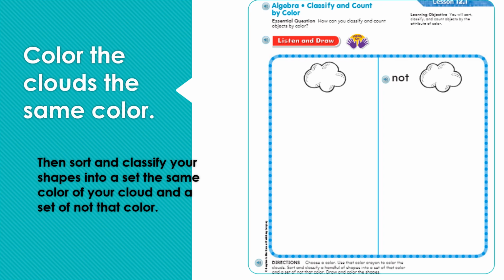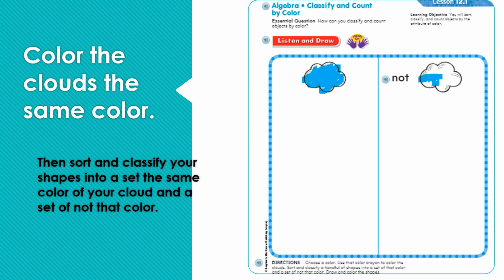Then choose a color, either red, blue, orange, green, or yellow, and color in both of those clouds at the top of the page. I am choosing blue, and I'm going to do my best to color in those clouds. It's not very easy for me.